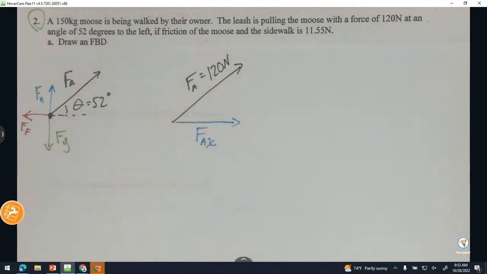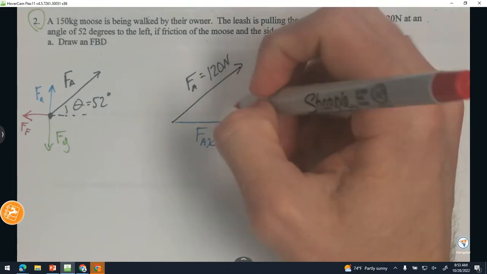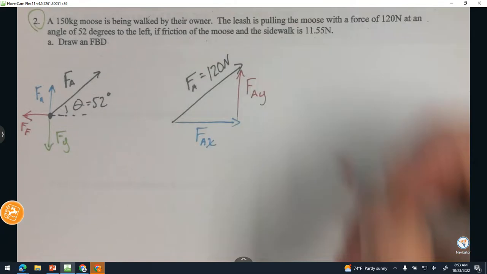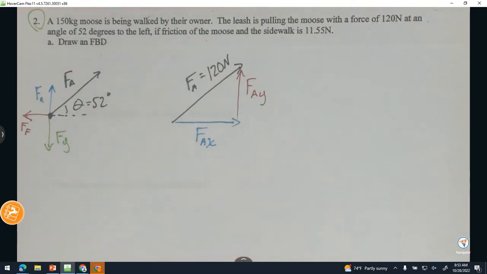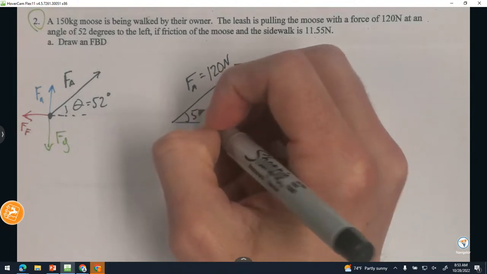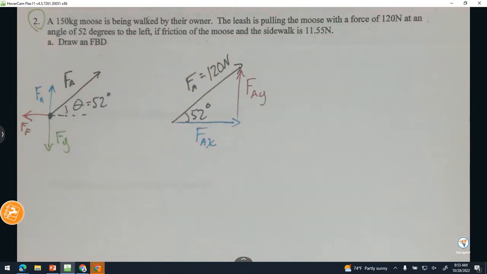So we have an FAX here, and an FAY here, with an angle of 52 degrees here.